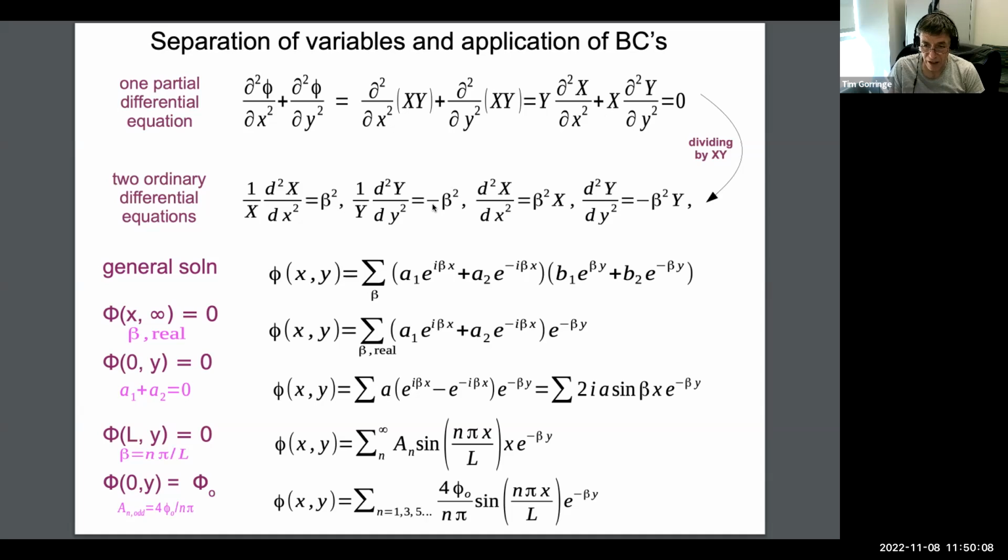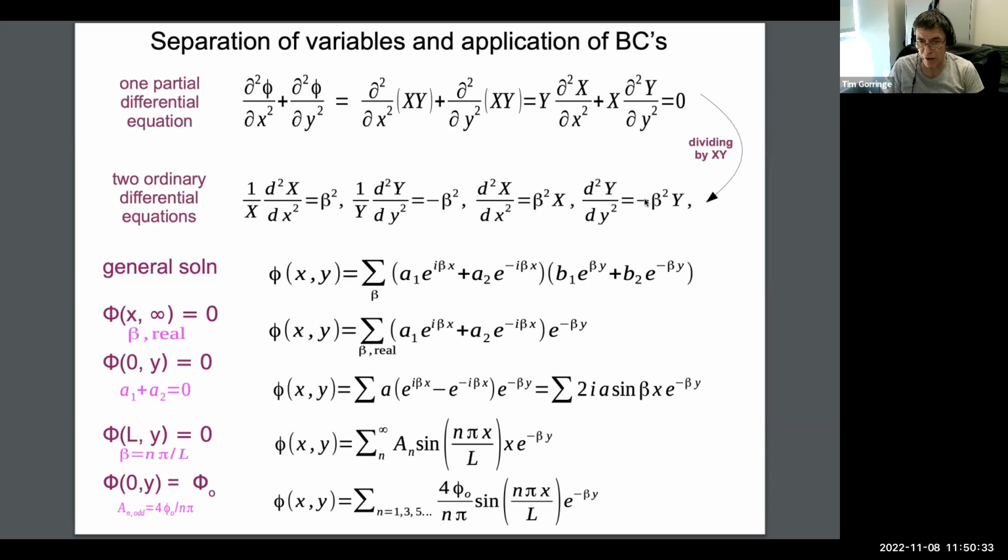On this second line, I turned the single partial differential equation into two ordinary differential equations by recognizing that the two terms are equal and opposite constants. I called the constant beta squared. I set the function of x equal to beta squared. Then the term that involves the function of y is equal to minus beta squared.